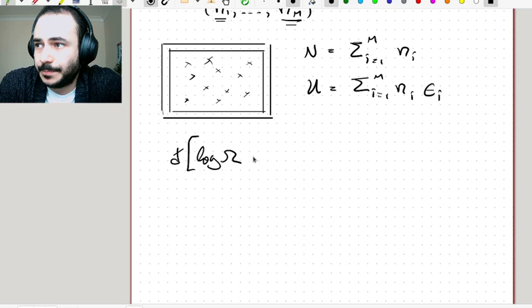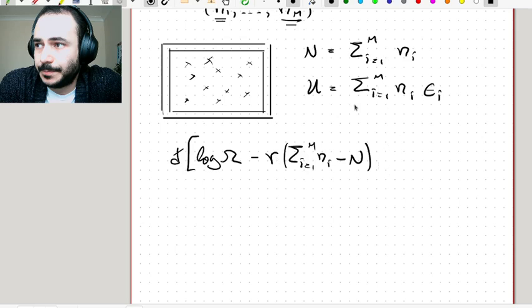So what you do is subtract the constraints. The first one, for instance, is that the total number of particles is given, and this you accompany by a multiplier. Let's use the same notation, gamma.